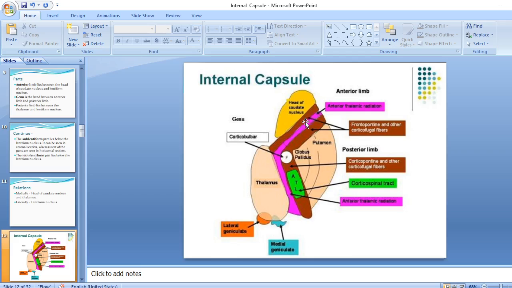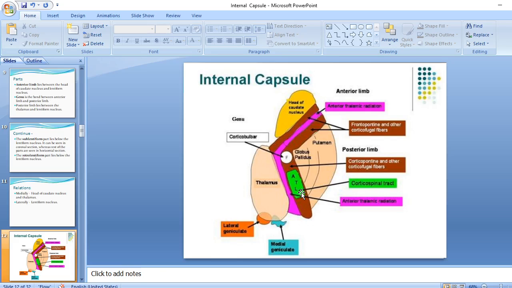Here you can see the corticopontine and the other corticofugal fibers. In the genu, you can see the corticonuclear fibers, and in the posterior limb here, you can see the corticopontine and other corticofugal fibers.